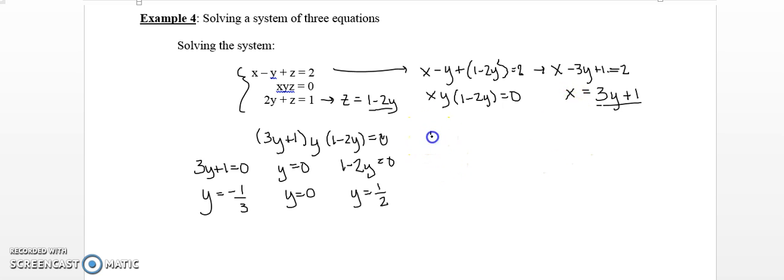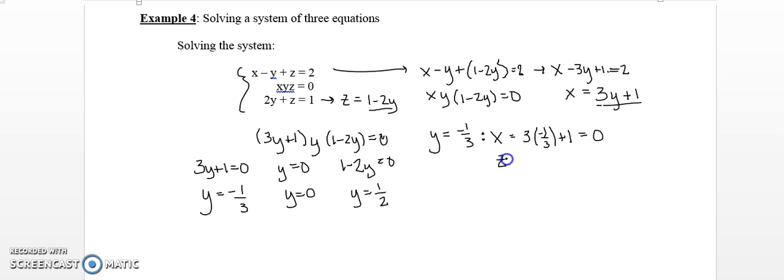So the first thing we're going to do is start when y is negative 1/3. I'm going to figure out what x is. Well, x is 3 times negative 1/3 plus 1. 3 times negative 1/3 is negative 1. Negative 1 plus 1 is 0. So x is 0.